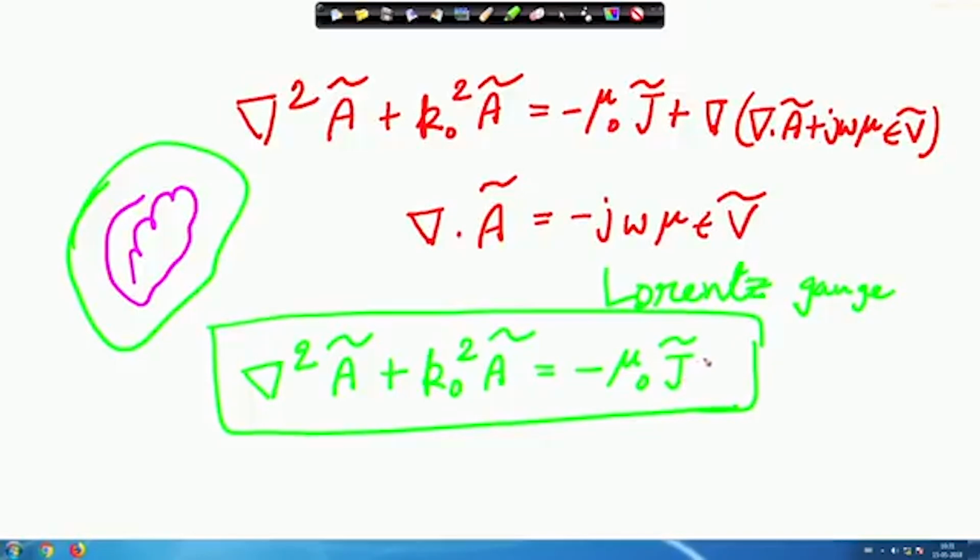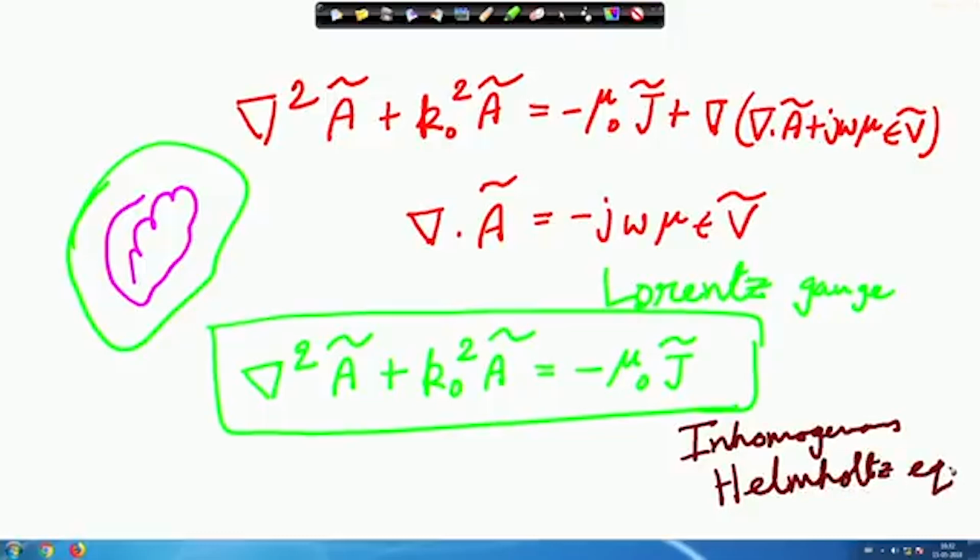So, we will have to find the particular solution for this source, but the general expression we know, and we will now write it. This is the inhomogeneous Helmholtz equation. Okay, so this is one step forward.